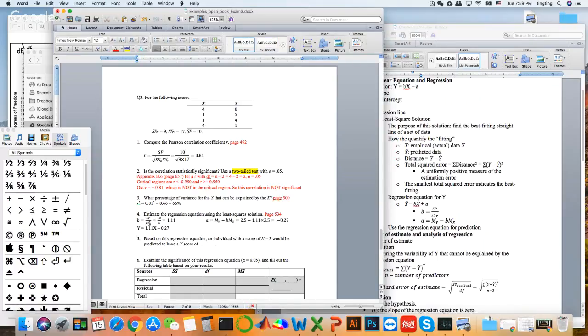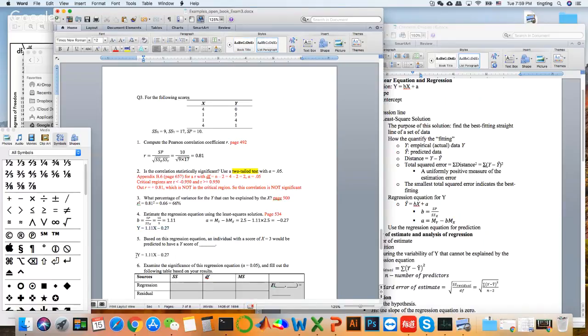Based on this regression equation, let's do the prediction. It's easy, it's simple math. Replace the x with 3.